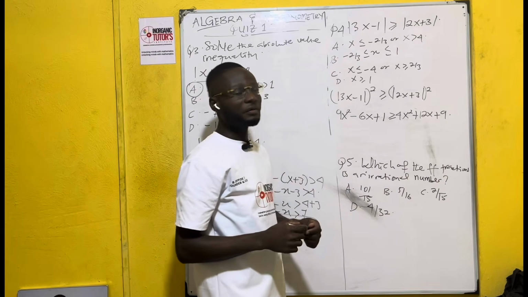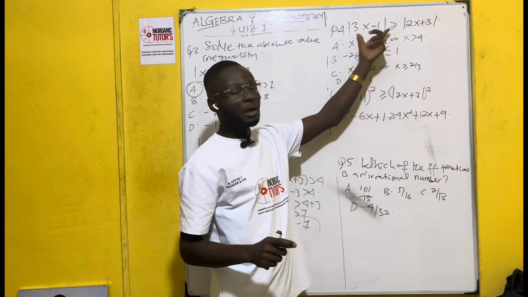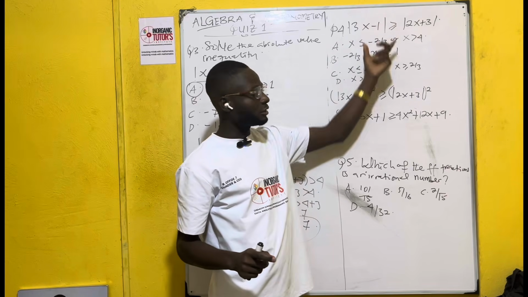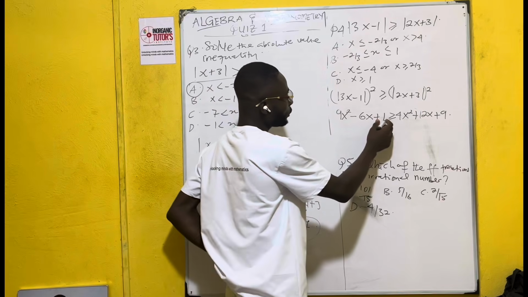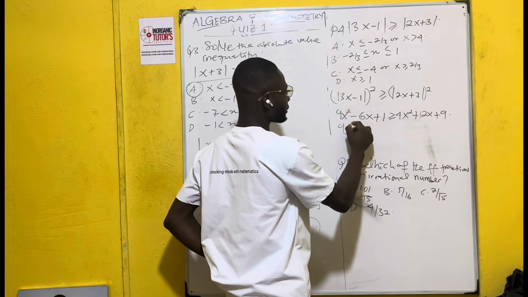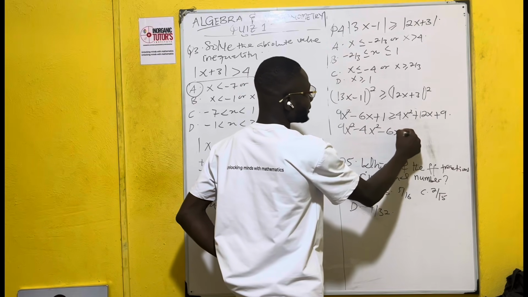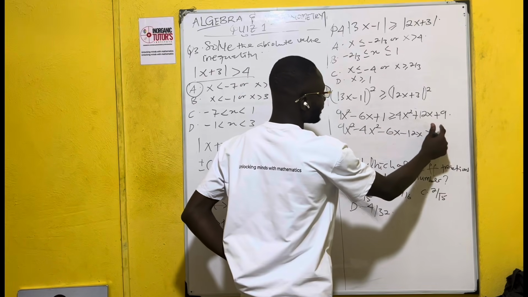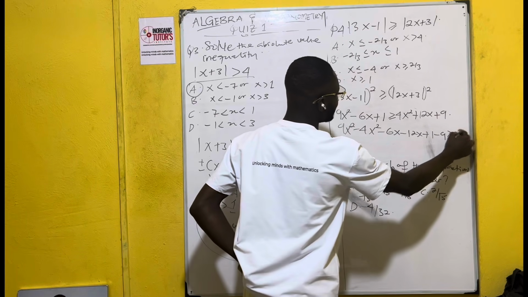Remember, if you have absolute value on both sides of the inequality, you square both sides to eliminate the absolute value. If you bring these over here, you have 9x squared minus 4x squared minus 6x minus 12x plus 1 minus 9 greater than or equal to 0.